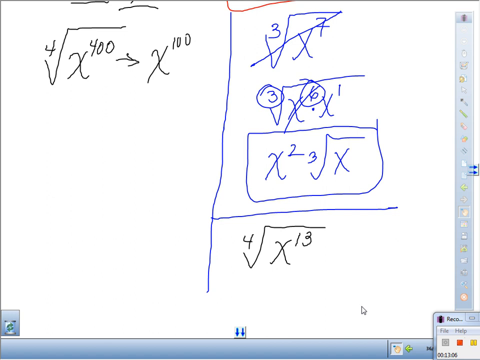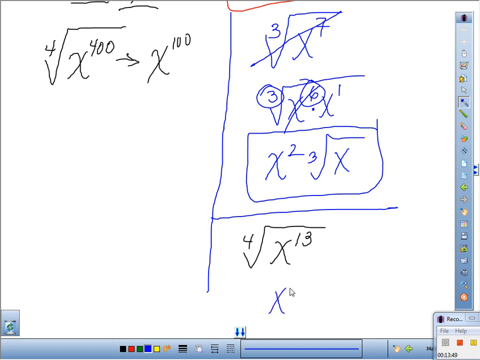All right, here we go. 13 is not a multiple of 4. However, let's see. Chloe, pick someone. Josh, what's a number close to 13 that's a multiple of 4? 12, so this would be x to the 12 times x to the first.